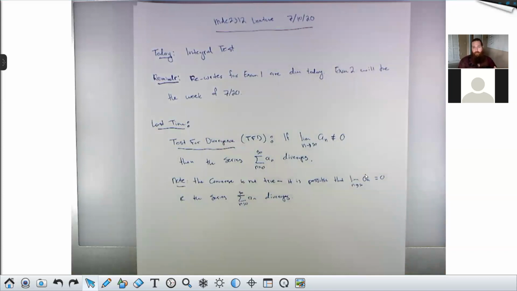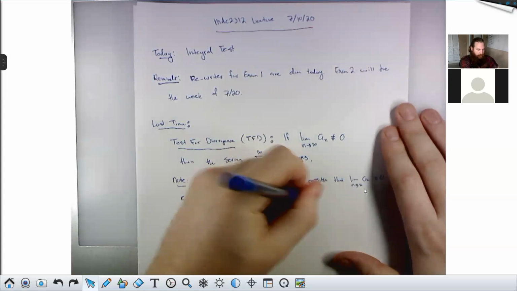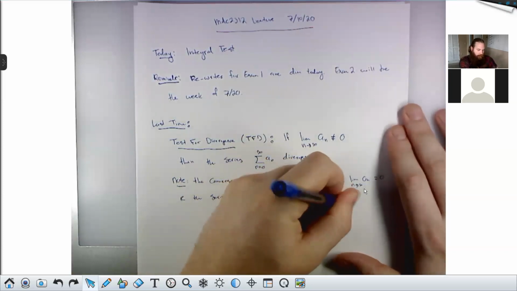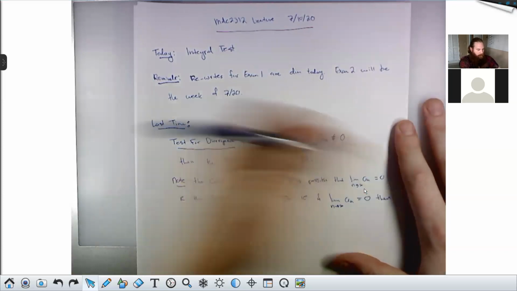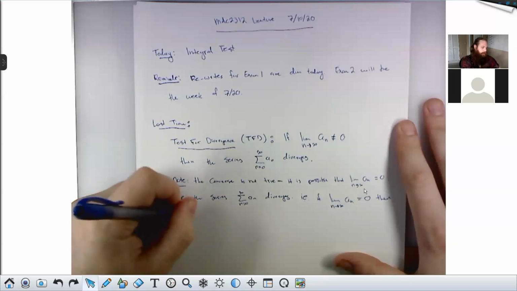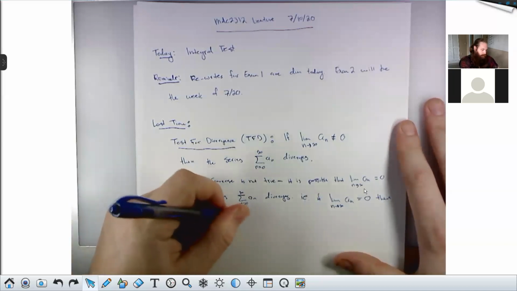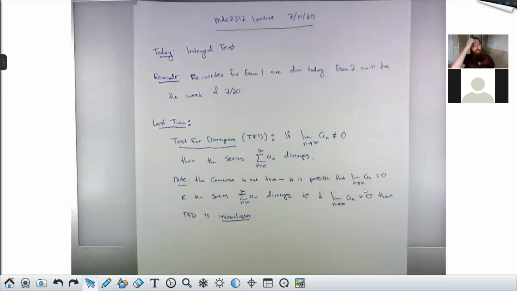If the a_n do go to 0, then the test is inconclusive. So, i.e., if the limit as n goes to infinity of a_n equals 0, then TFD is inconclusive. Okay, it's very important that you remember that.